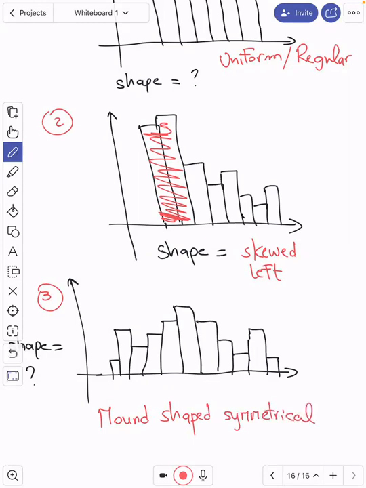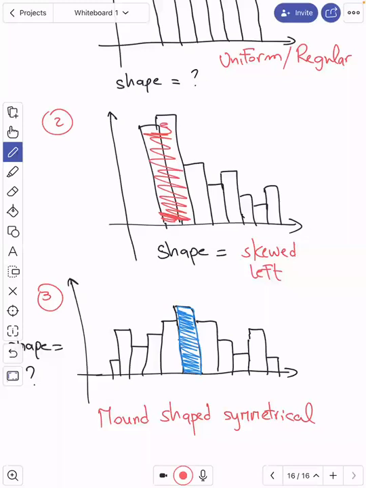I mean, the center would be this class right here. So this class is the center. And as you can see, this blue class would be like a mirror in this histogram, right?